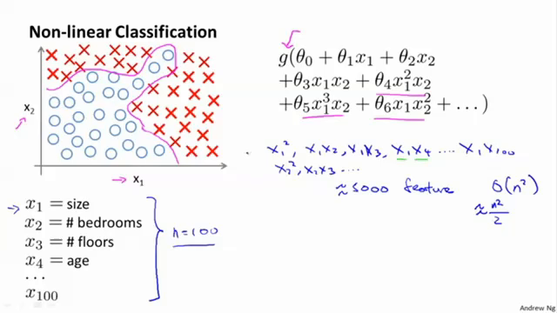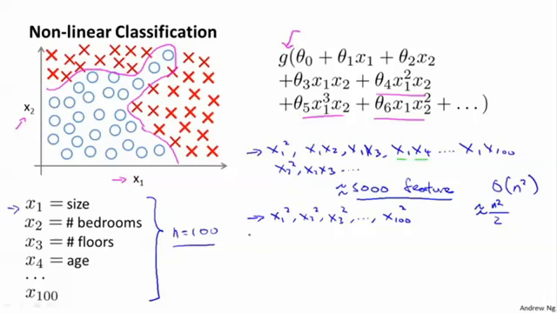So including all the quadratic features doesn't seem like maybe a good idea, because that's a lot of features, and you might end up overfitting the training set, and it can also be computationally expensive to have to be working with that many features. One thing you could do is include only a subset of these. So if you include only the features x1 squared, x2 squared, x3 squared, up to maybe x100 squared, then the number of features is much smaller.